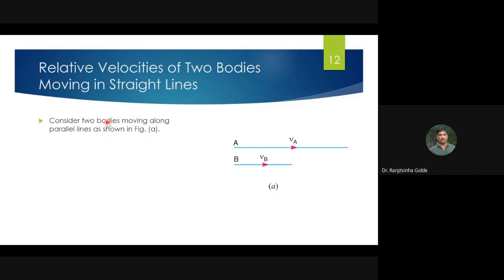Now here, to determine relative velocities of the bodies moving in a straight line, we are going to consider two bodies moving along parallel lines as shown in figure A. So this is figure A, this is body A, this one is B, moving in this direction.